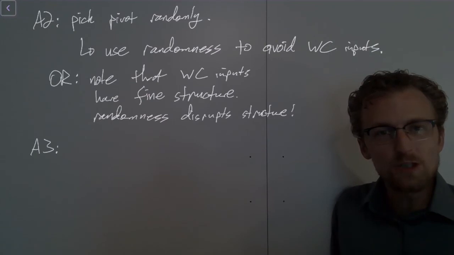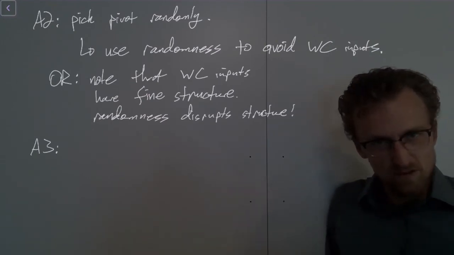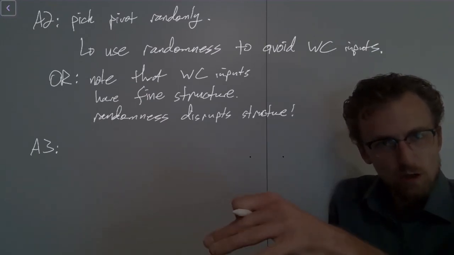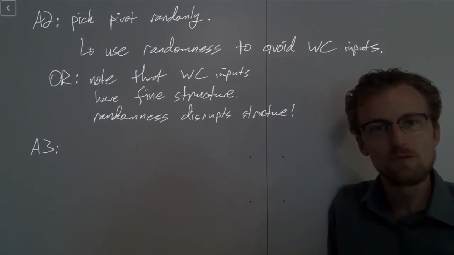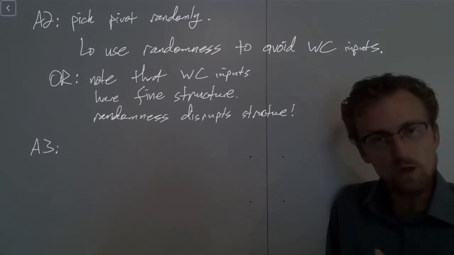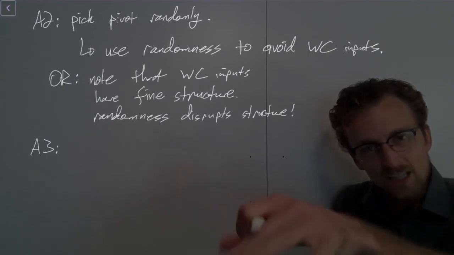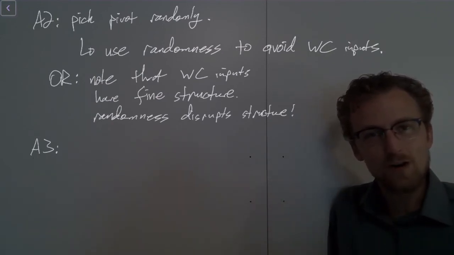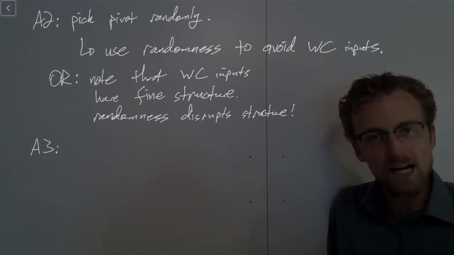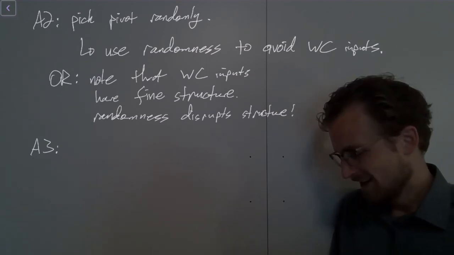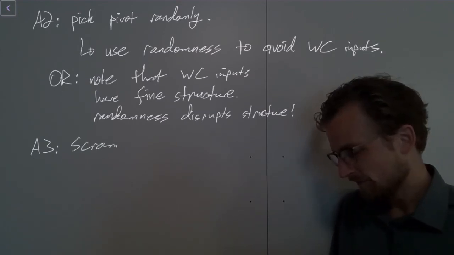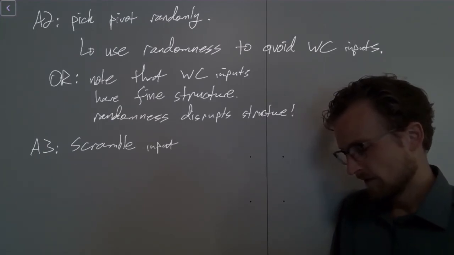So the first thing you do is you just mess with it, right? And then you run Quicksort on it, right? What we're saying here is that on average, doing this to your array before you try to sort it might actually make the algorithm run faster. Okay, just scramble the input array.